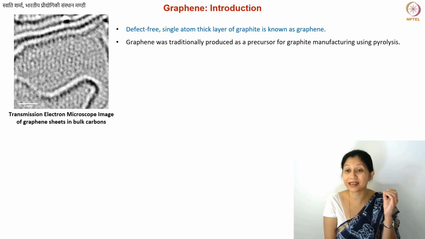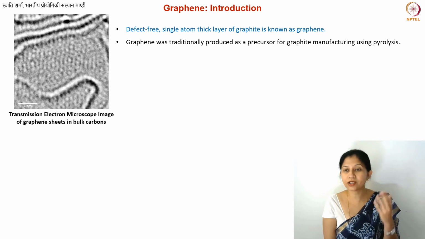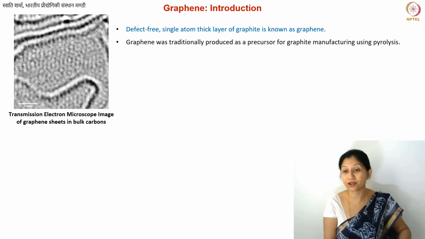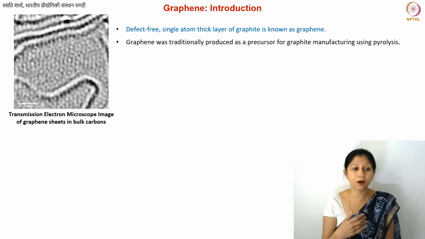But in the case of a single layer, the effect is very dominant. So in that case, why not just use this individual flake for certain electronic applications, because the electronic properties are very interesting, and the mechanical properties too. So this is how graphene developed.